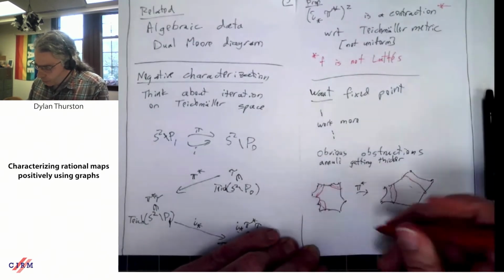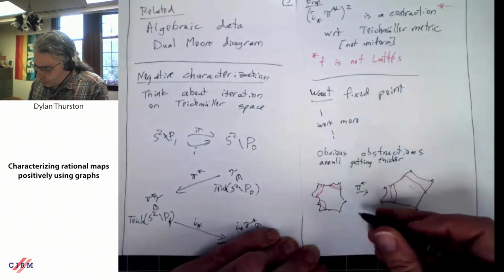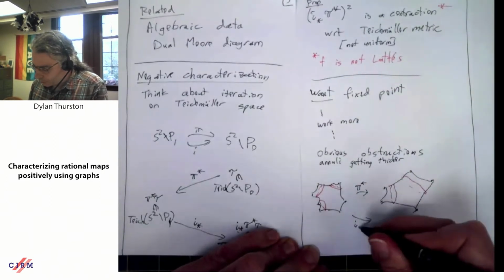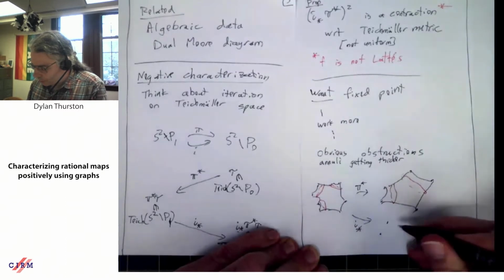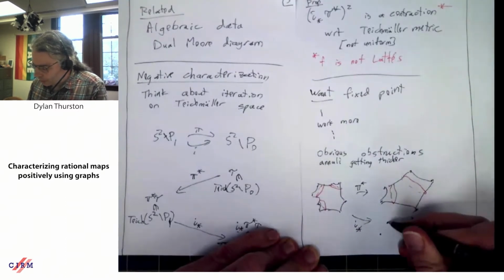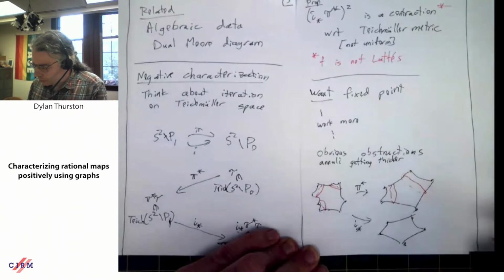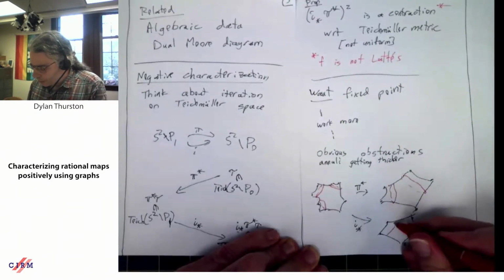And keep track of everything, and then you erase some of the punctures, and now you get the same curves now on the same sphere.